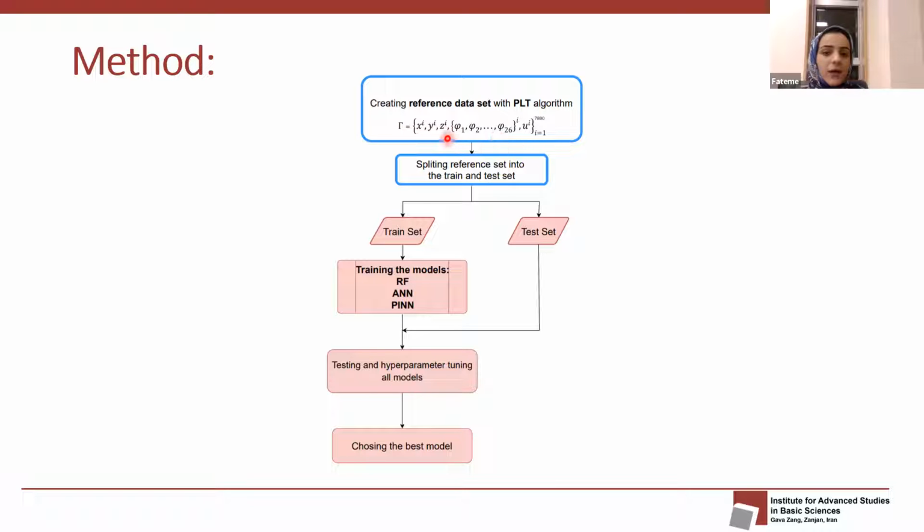And then we split our reference data set into train and test sets. Then we train our models, which are random forest, neural network, and PINN-based model, on the train set, and then test these models with the test data set, as well as hyperparameter tuning, and then choose the best model.